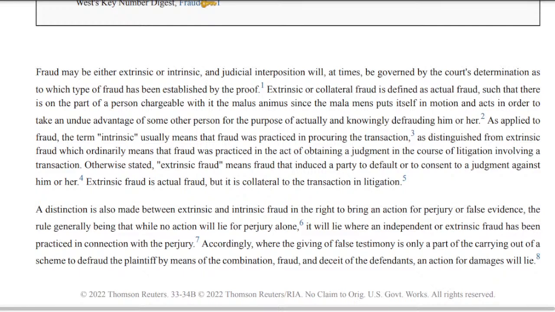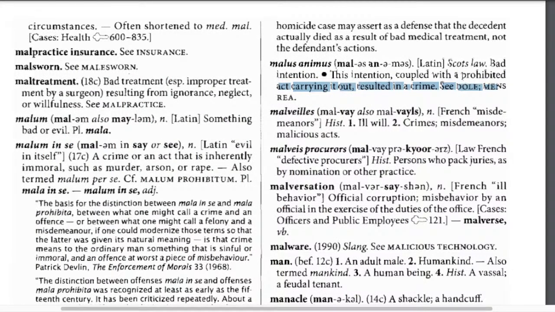Okay, and the mala mens. Just one there. Mala mens, come on. Let's see, 1073, is that it? Give me a second here. Same page.